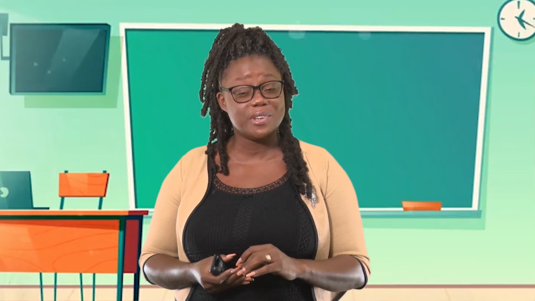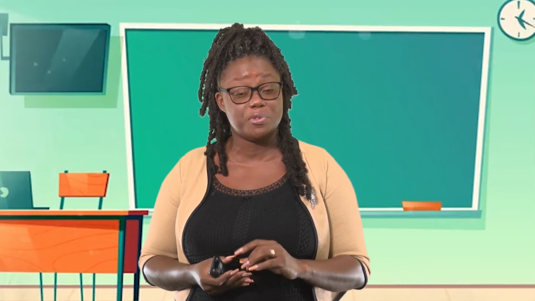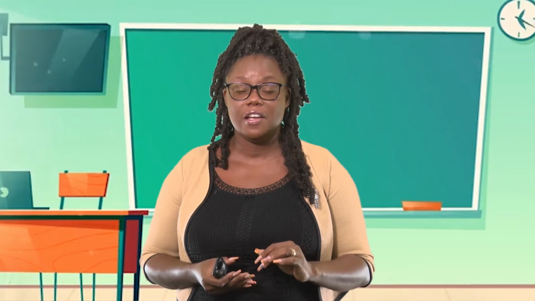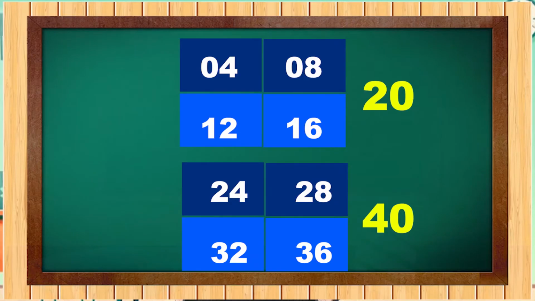Boys and girls, do you realize the order in which we read the numbers? We started reading from left to right. Then we move to the second row. So let's write our answers for the second box.